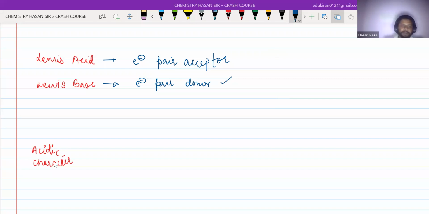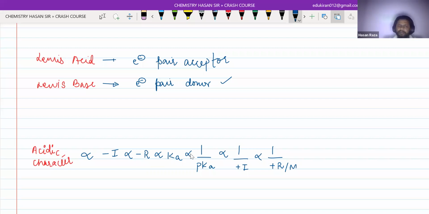Okay, thank you. Now see, acidic character means the group which will take or withdraw electrons. So acidic character is directly proportional to minus I, directly proportional to minus R, directly proportional to Ka, that is acid dissociation constant, and inversely proportional to plus I, and inversely proportional to plus R, or plus M you can say, or minus R or minus M. So a compound which has more electron-withdrawing groups will be more acidic.